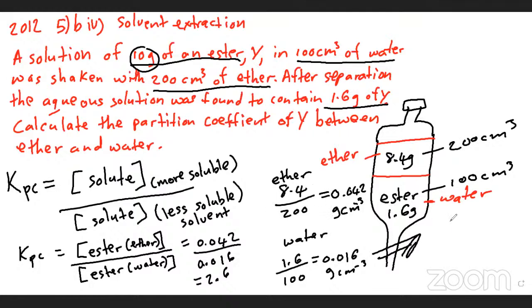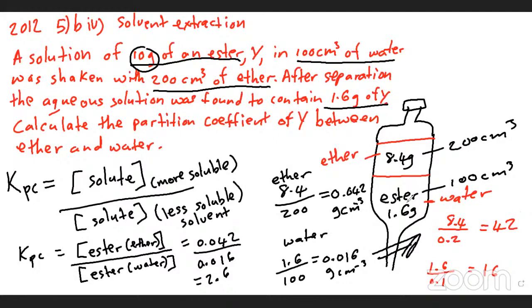If we're working in dm cube, it would be 8.4 divided by 0.2 and 1.6 divided by 0.1, which is 16.